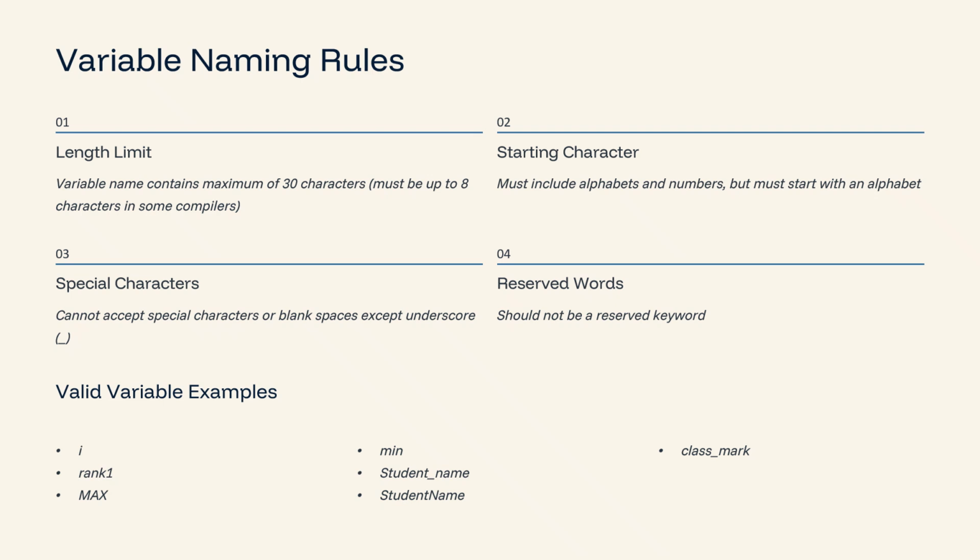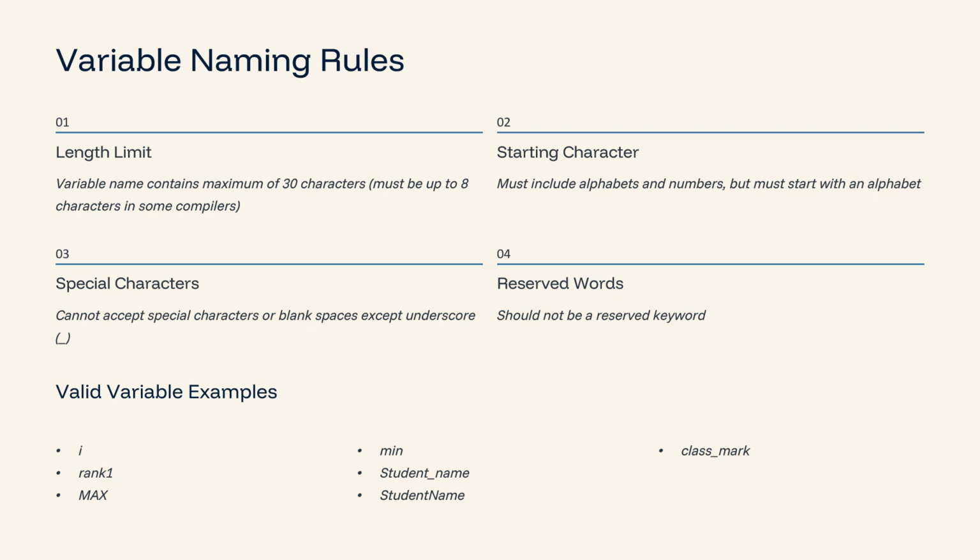It should include only alphabets and numbers, but must start with an alphabet. For special characters, only underscore is acceptable. Reserved words cannot be used for variable names. Some valid examples are min, student name, max, class mark. All these are examples of variables.